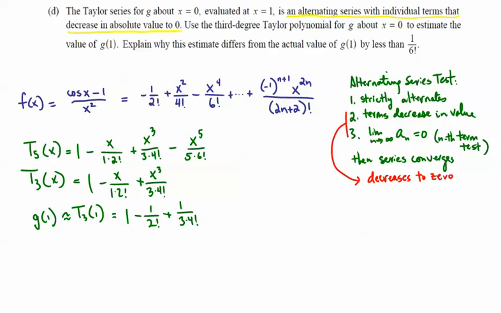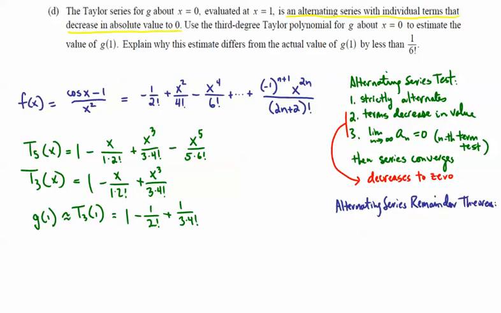Now, anytime we truncate a series, in this case to 3 terms, there will always be some error associated with it. And there is an alternating series remainder theorem.